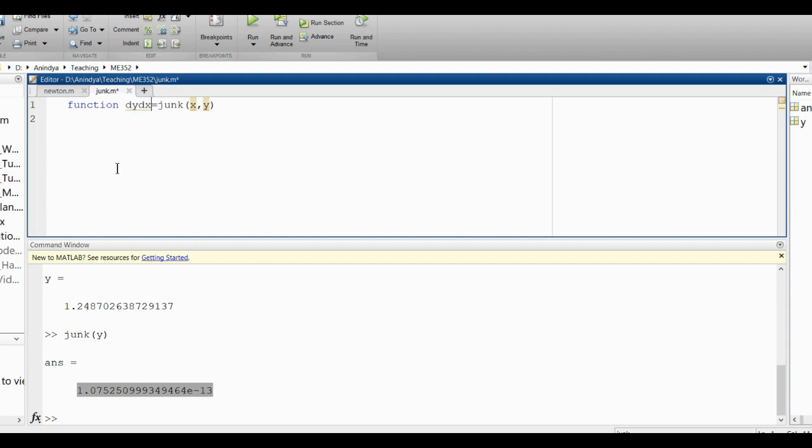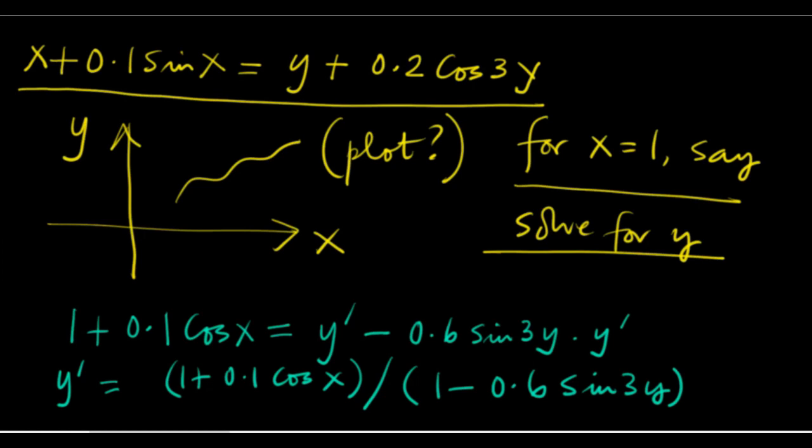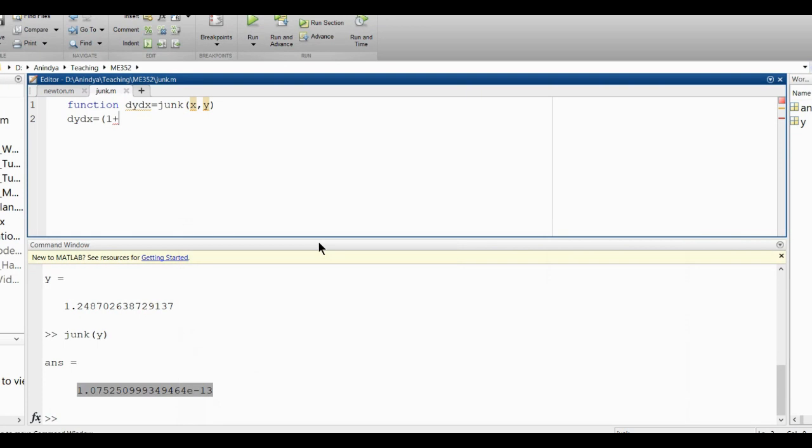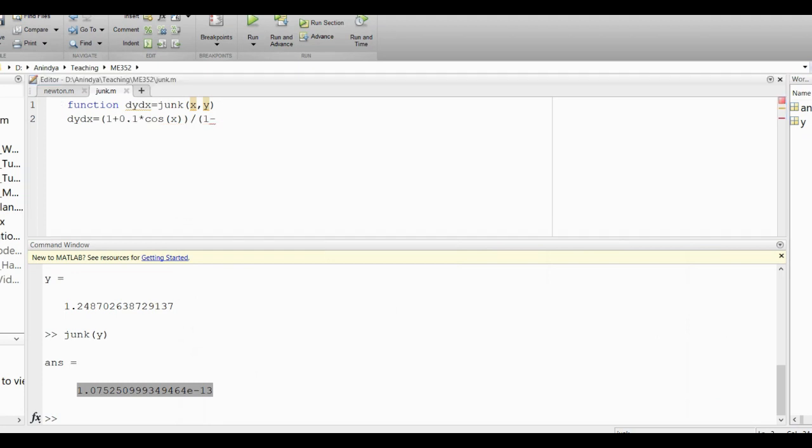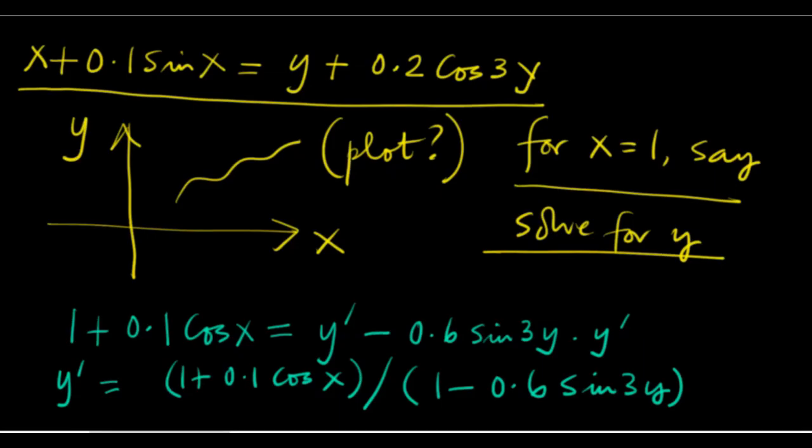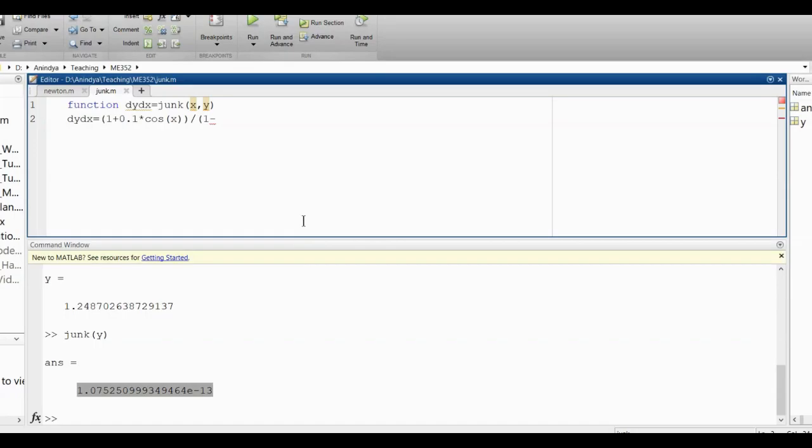This is y prime, and I will say dy dx is equal to 1 plus 0.1 times cosine of x divided by 1 minus 0.6 times the sine of 3 times y.